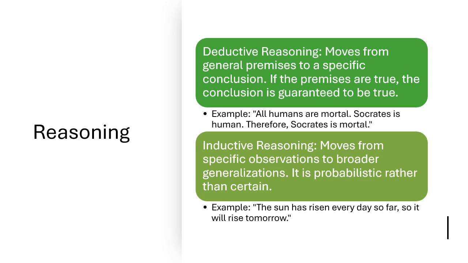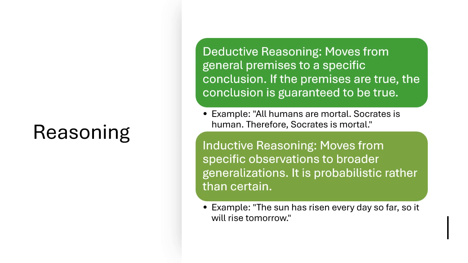And reasoning: there are different types of reasoning, like deductive reasoning and inductive reasoning. Deductive reasoning is like: all humans are mortal, Socrates is a human, therefore he is mortal. It moves from general premises to a specific conclusion. If the premises are true, the conclusion is guaranteed to be true.